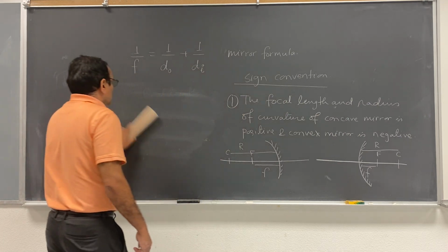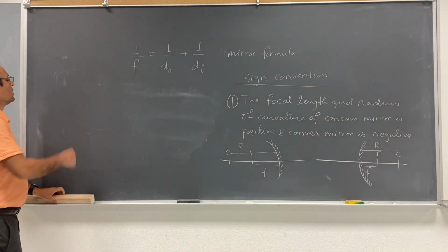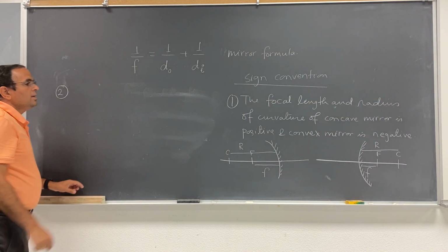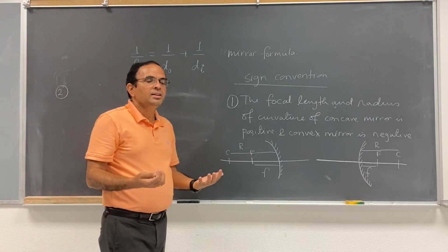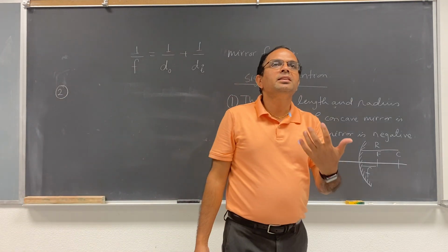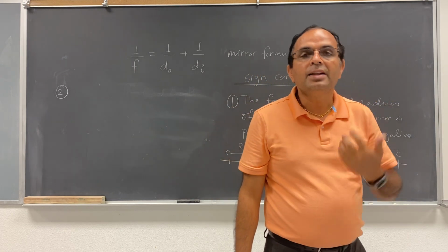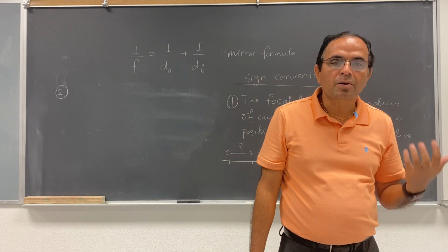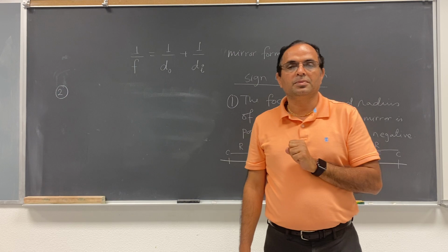And number 2, if the object distance and image distance is in front of the reflecting surface, or in front of the mirror, that is positive.